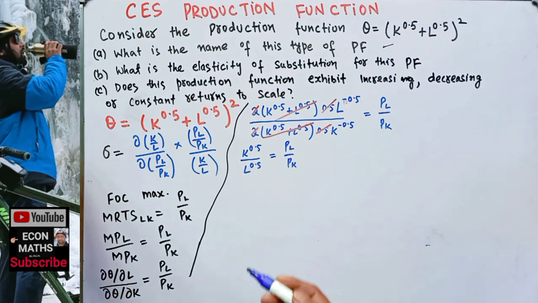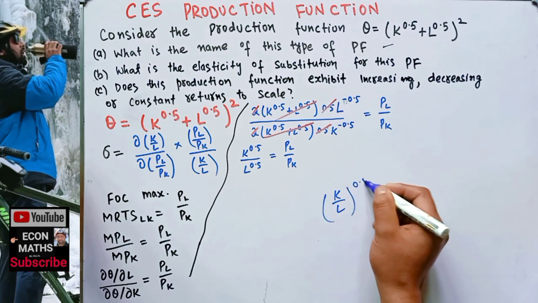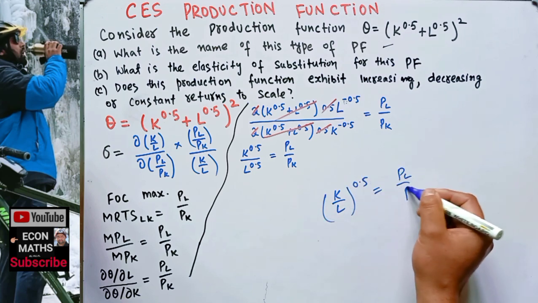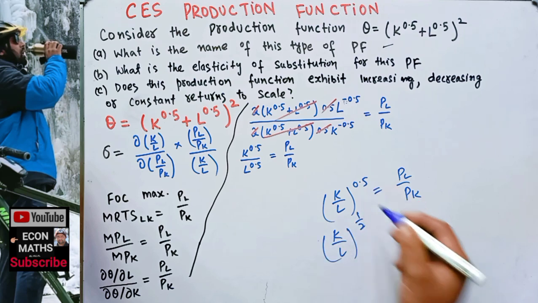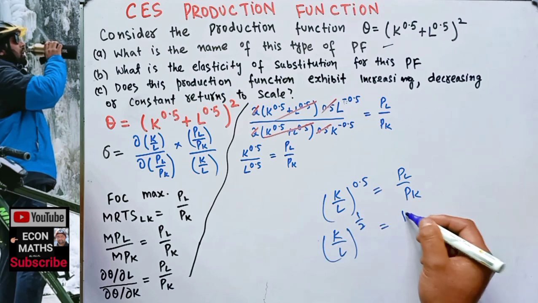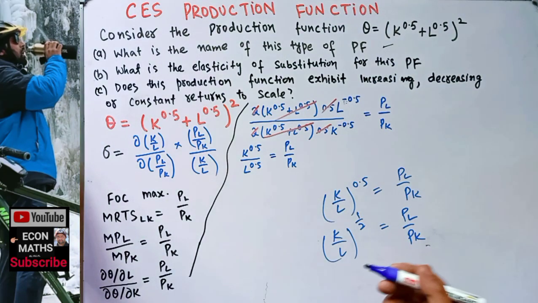Okay, so here we can write it in this fashion: K upon L raised to the power 0.5 is equal to PL upon PK, which implies K upon L can be written with exponent 1 upon 0.5. I am explaining how I will write it.